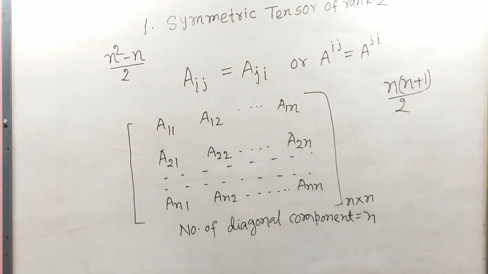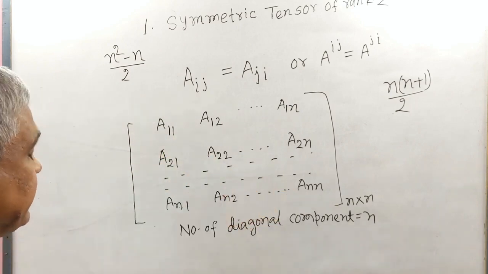Now we include the diagonal components. The number of diagonal components is n.